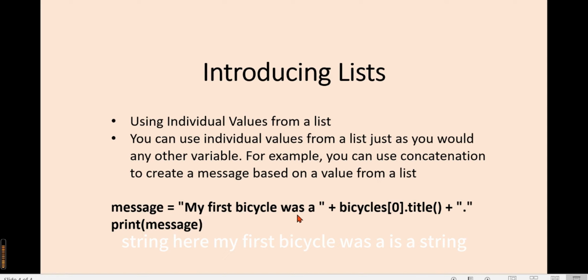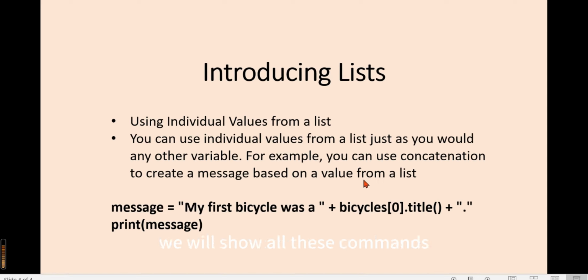Here "My first bicycle was a" is a string, and then we concatenate the first item of the list called bicycles, transformed to the title form for this element. Then we concatenate a period symbol, and we can print this message.